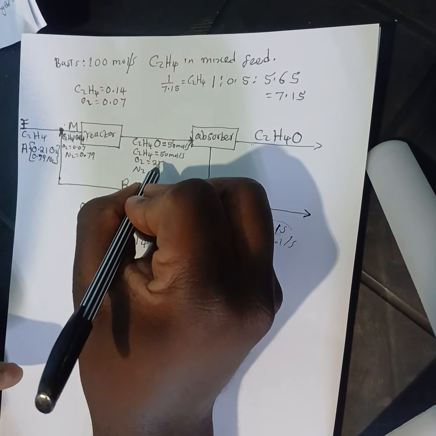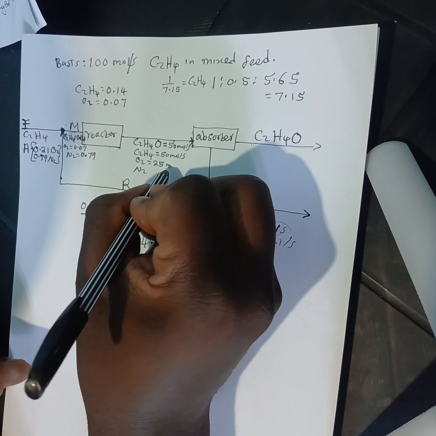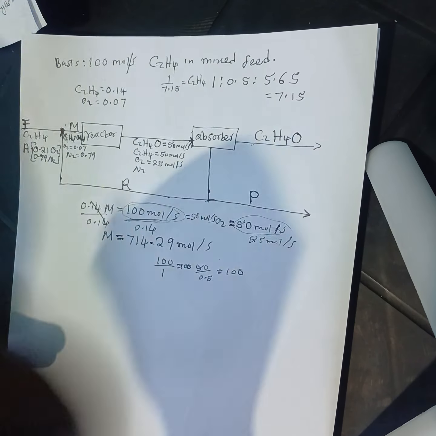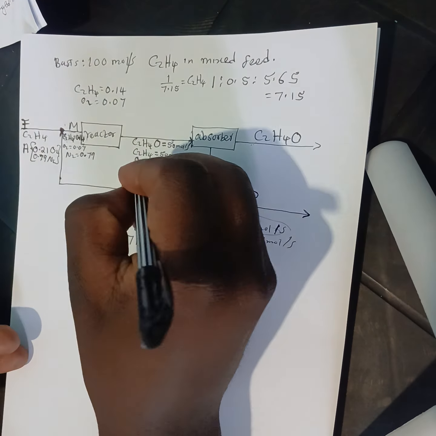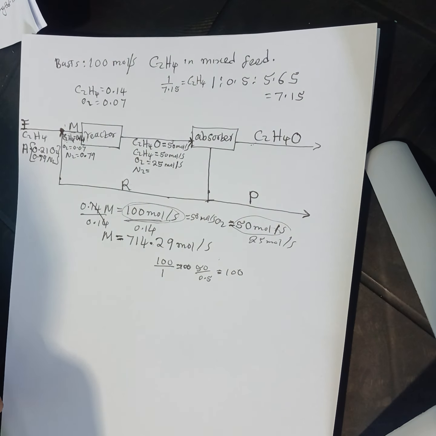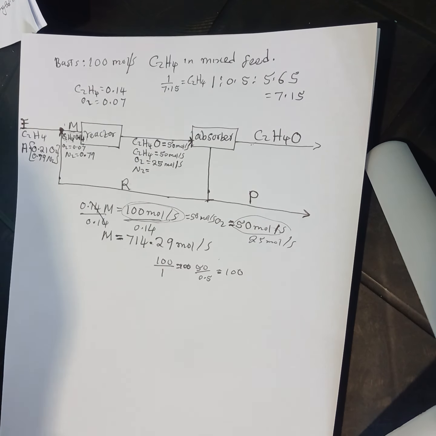For oxygen, we are remaining with 25 moles per second. But remember that in this chemical reaction, nitrogen is not taking part.